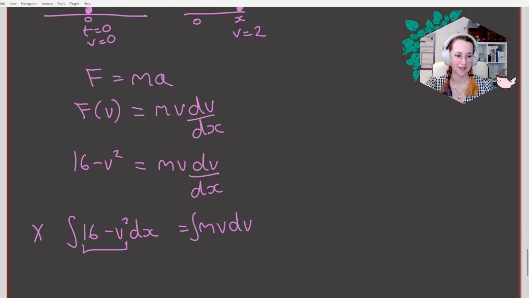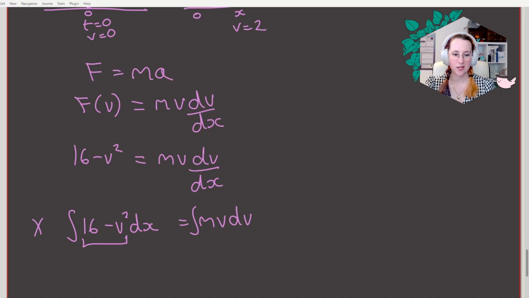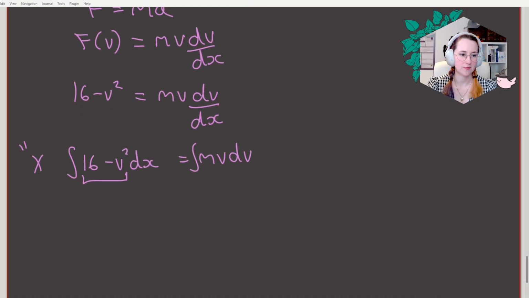So this is just bad. Instead, what we can do is divide by this 16 minus v squared. So what we end up with is the integral of dx, so nothing on that side. We could take the 1 over m over if we wanted to.